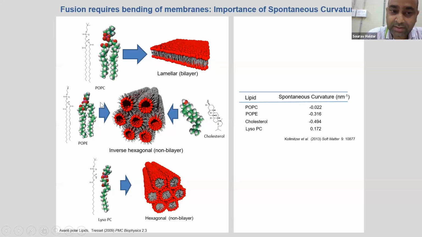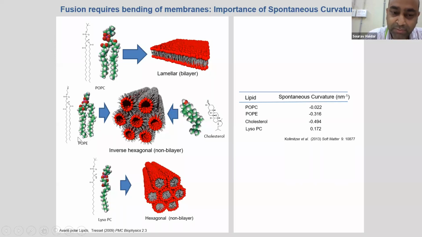But let's look at some of the other lipid molecules. For example, POPE, which is palmitoyl oleoyl phosphatidylethanolamine. Now, between phosphatidylcholine and phosphatidylethanolamine, phosphatidylethanolamine has a slightly smaller area in the head group, such that this molecule can no longer be thought of as a cylinder, but can be thought of as an inverse cone.